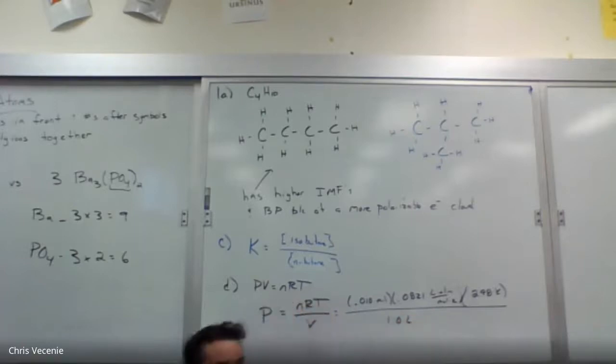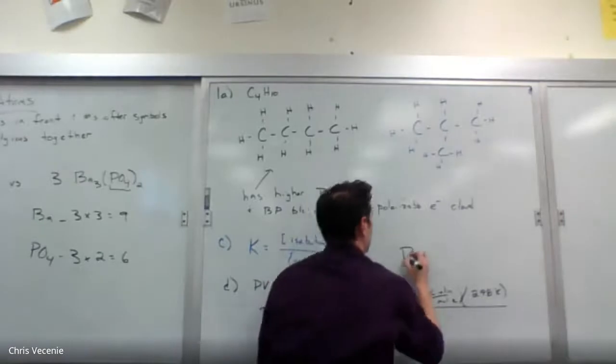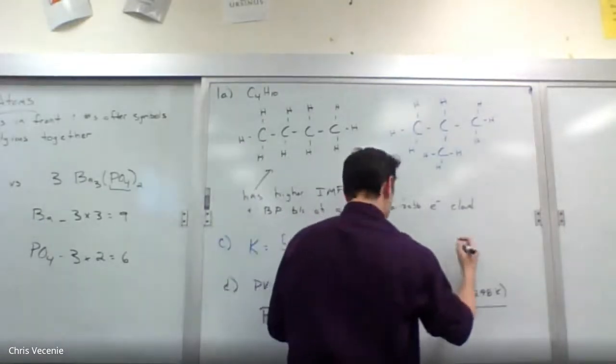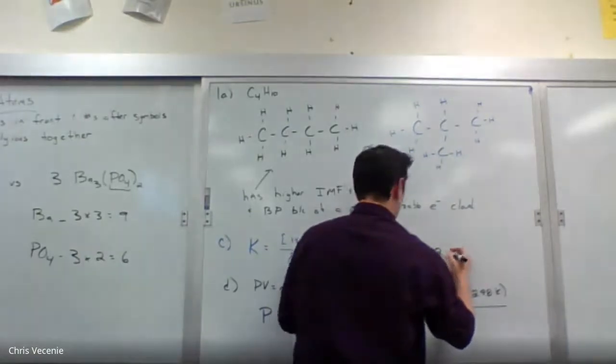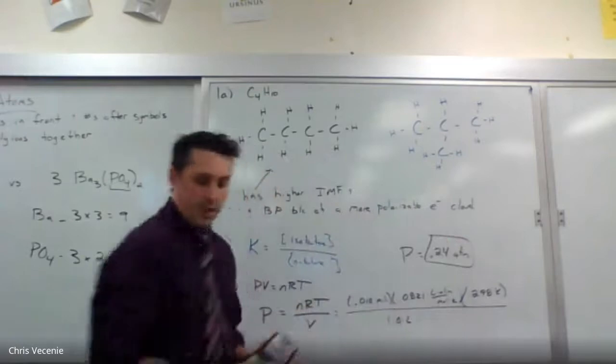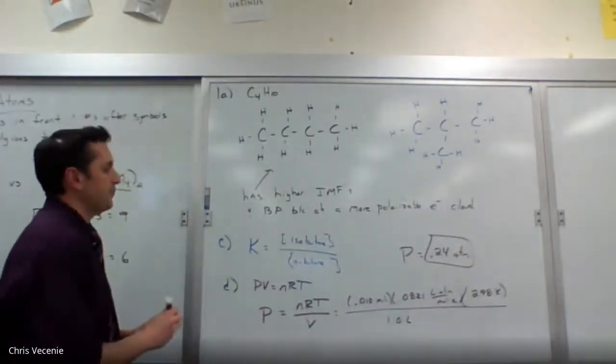All right, so if we do the math on that, looks like we're going to get a value for the pressure of 0.24 atmospheres. And that's only going to carry 2 sig figs because of the 0.010.